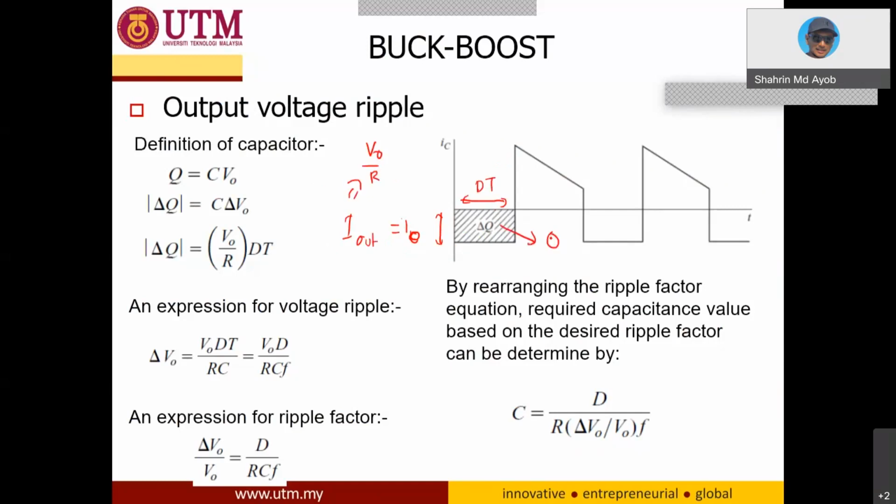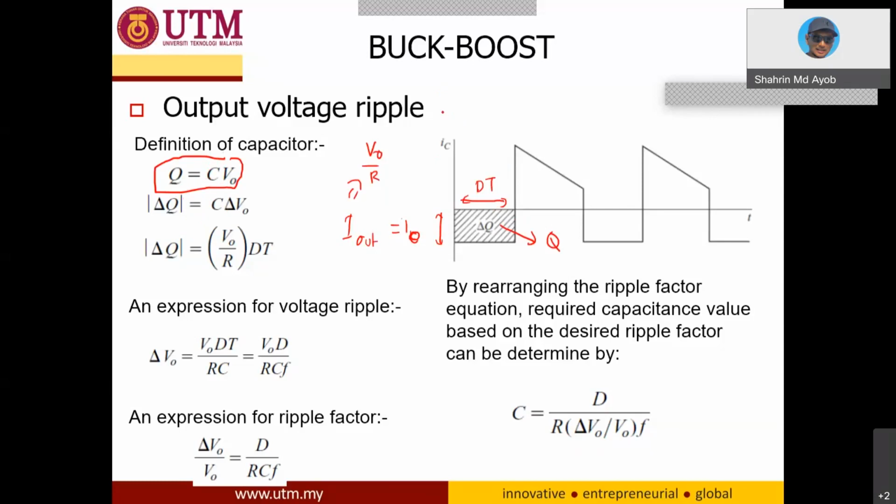This one is your Q. Using this simple equation, same for both converters, I repeatedly say again, Q is equal to CV. You can memorize the equation, but if you get blurry during the exam, just memorize this one. From that you can get the equations, and then calculate your capacitor values based on the output voltage ripple.